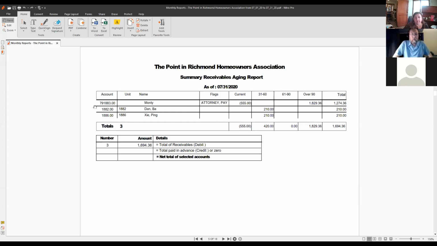We also have an owner that is in collections, but you'll see it also has a different series of account numbers. When you see an account number for a homeowner that starts with a 7, and it's not in line with your other account numbers, that can tell you this owner is no longer an owner, or they're in bankruptcy. If it was bankruptcy, you would see bankruptcy mentioned here.